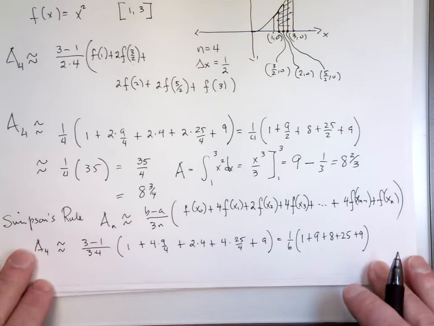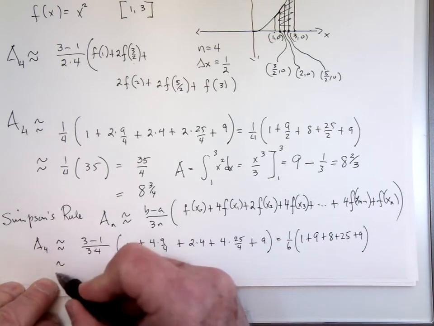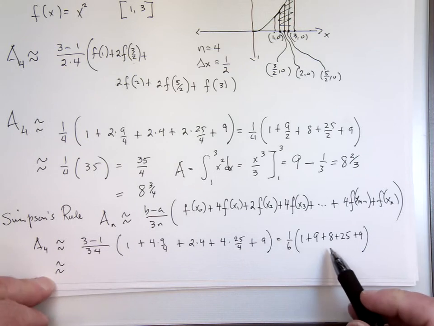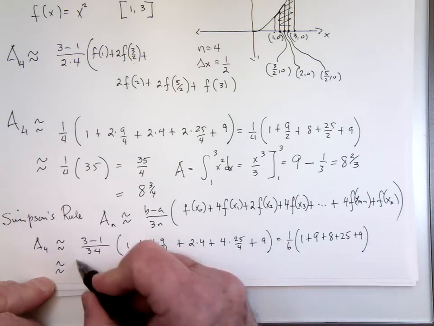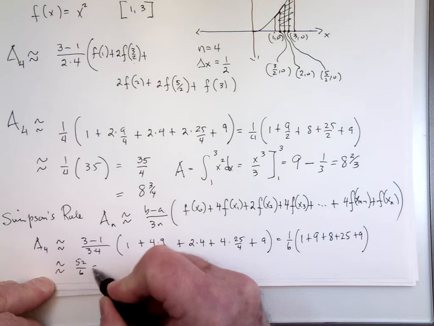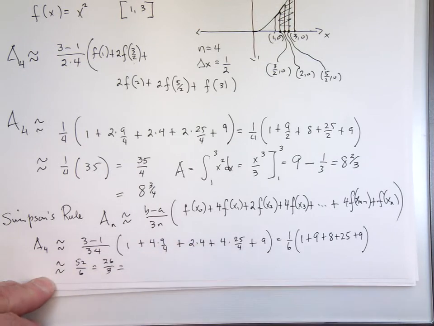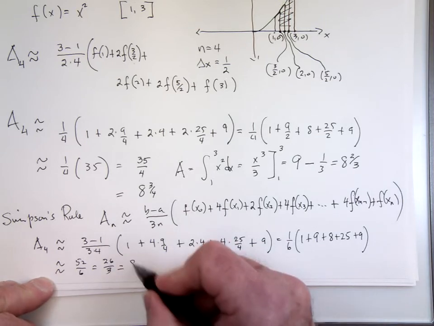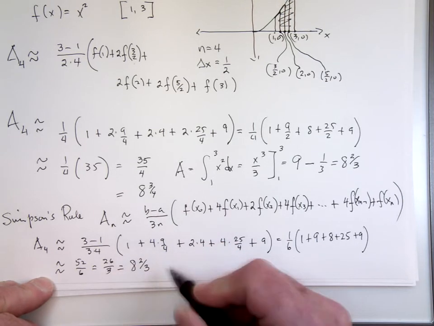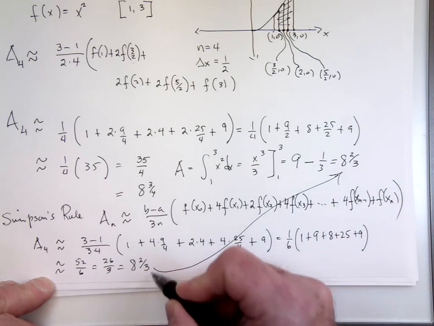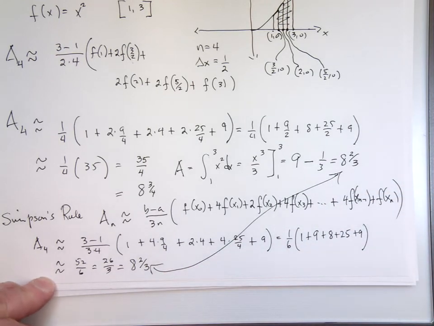We get the area as approximately equal to 52 over 6, which is 26/3, which is 8 2/3, which I will point out is exactly what the exact area is. It's right on the nose, which is why Mathematica and computer algebra systems, when they do numeric integration, do Simpson's Rule, basically.